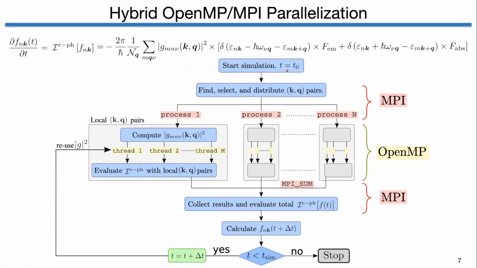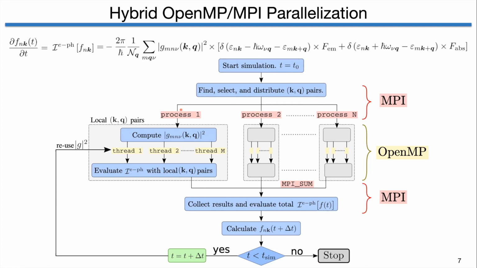So we start our simulation with some initial condition. We find, select, and distribute the kq pairs, which means that among all of the possible kq pairs, we would select just some of them that fulfill our conservation laws. So then we will have this kq pair ensemble, which will be split over different MPI processes.